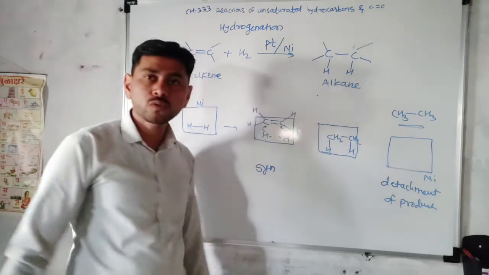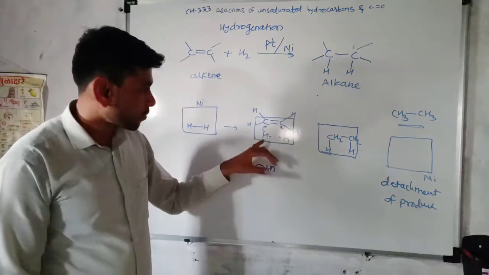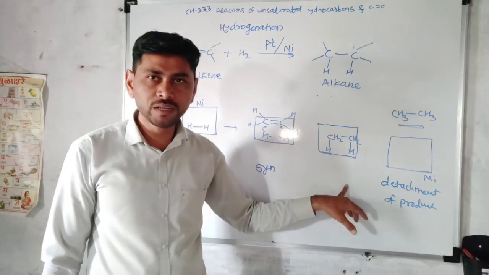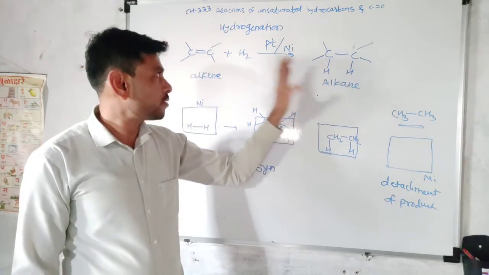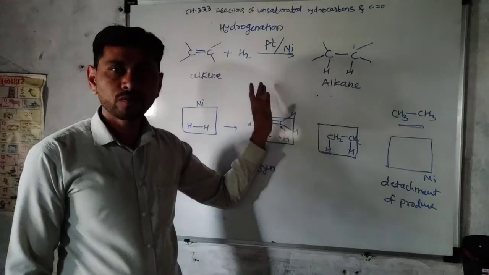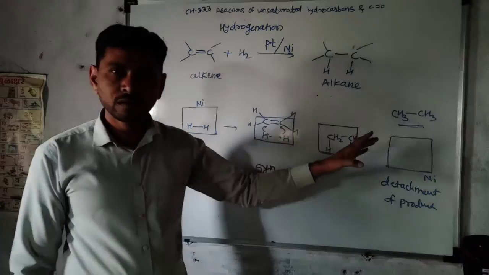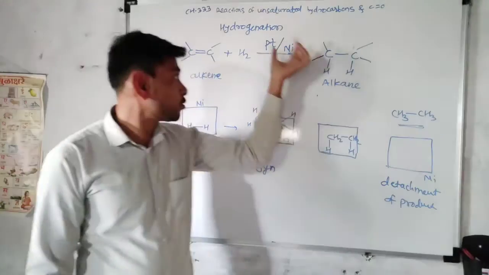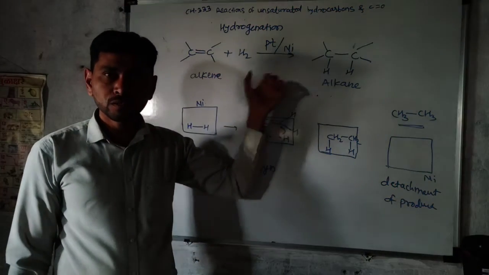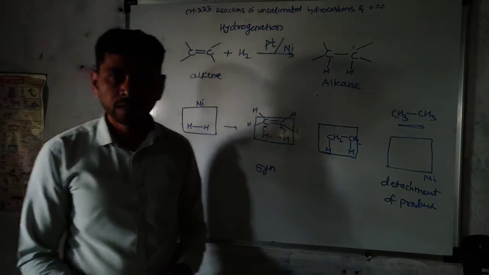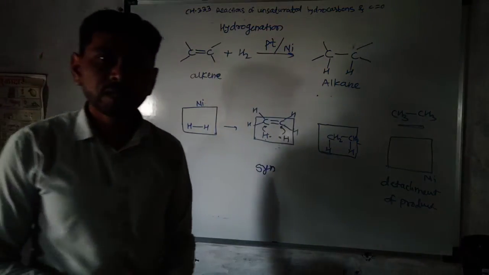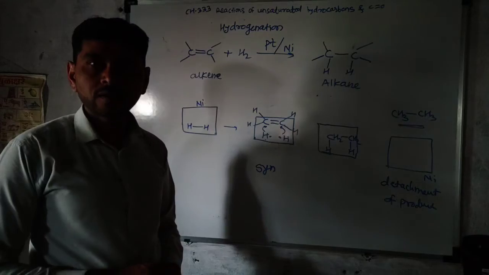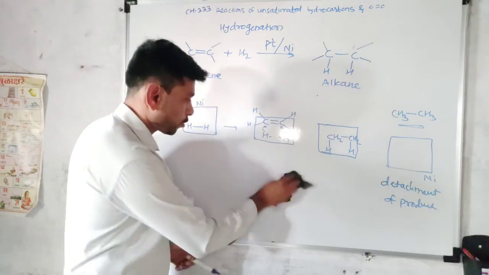So this addition is also syn addition, and hydrogenation is an important reaction in organic chemistry, because many times there is a requirement of conversion of an unsaturated system into a saturated system, and this is possible by using a catalyst. So this is the hydrogenation reaction. Now next, we have to study other addition reactions from this topic.